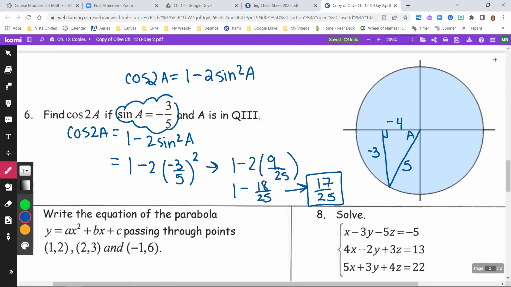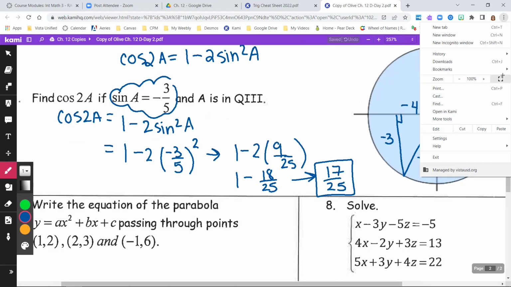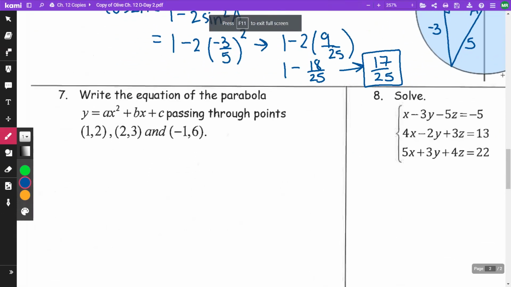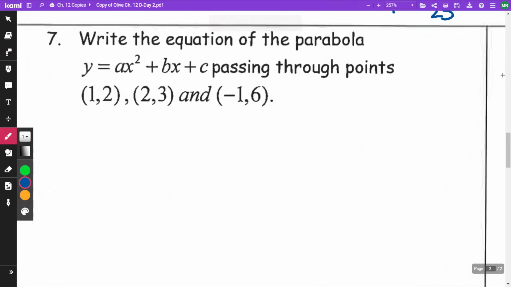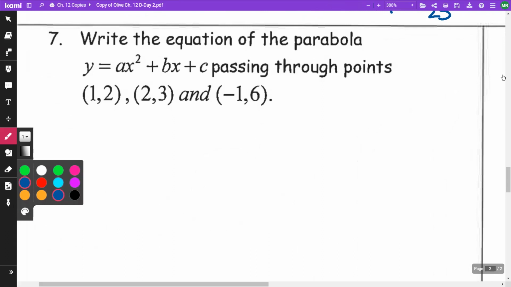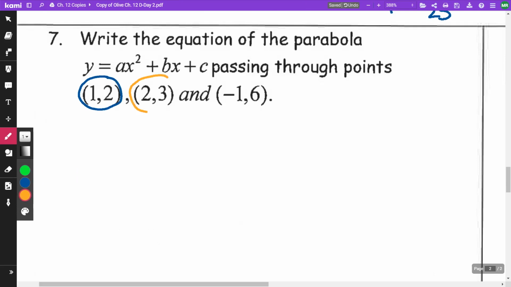Number 7 and 8 are review from our systems. So this one is a parabola. I am going to substitute this one in, this one in, and this one into the equation.